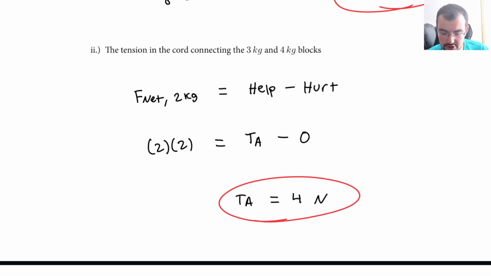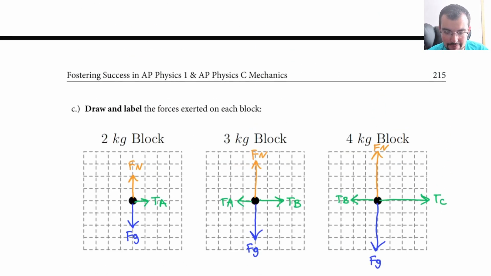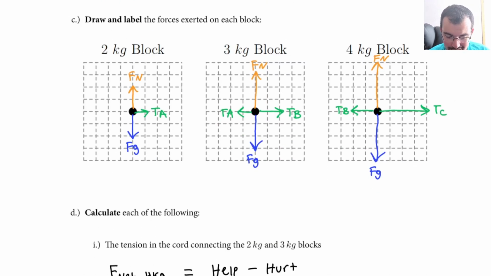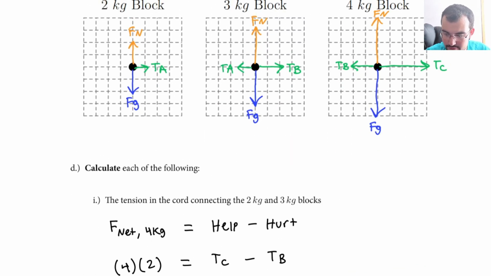And we can quickly check that all of these work, because my acceleration should work out to 2 meters per second squared on all of them. So here our acceleration would be 4 newtons divided by 2 kilograms. That's equal to 2 meters per second per second.